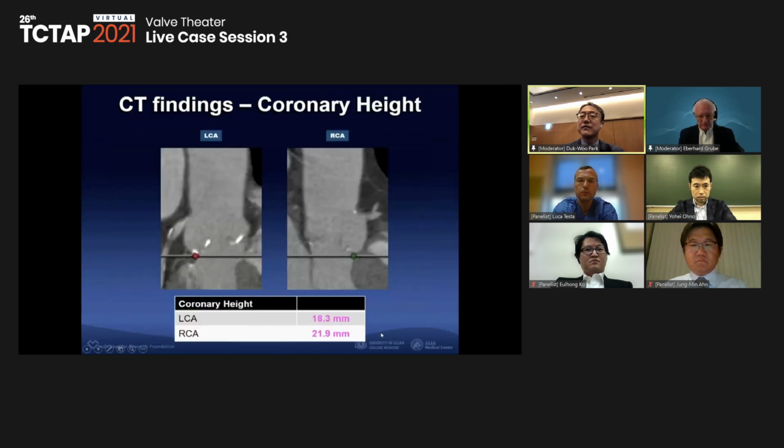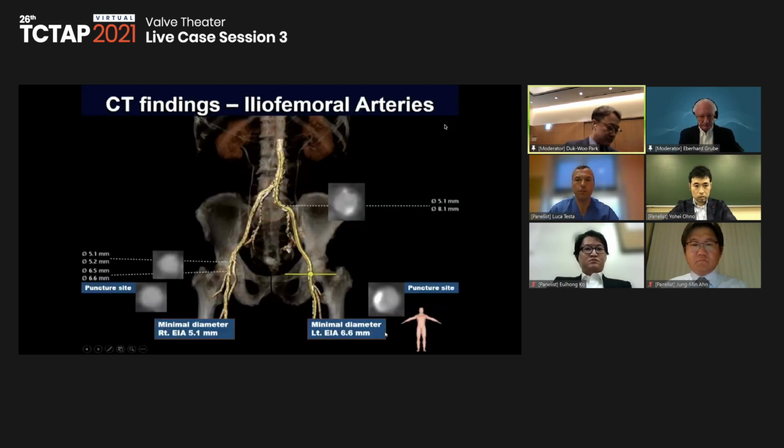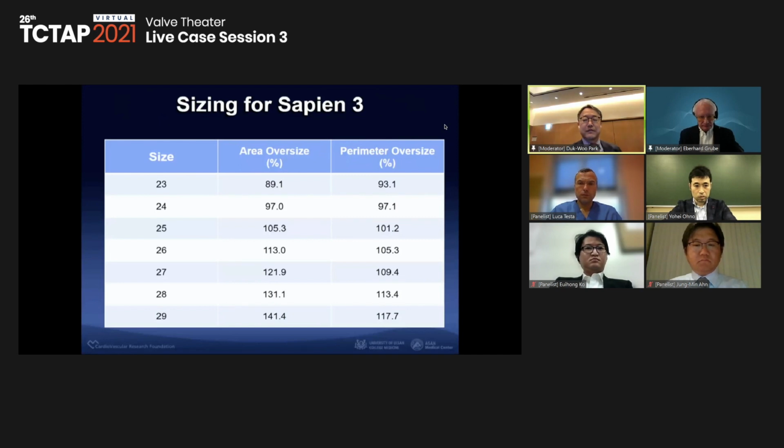Coronary height is more than 12, so quite high enough. The peripheral vessel size is also quite large enough for the transfemoral approach. This is a sizing table for the Sapien 3. The usual target oversizing in our center for Sapien 3 is 110% to 115%.